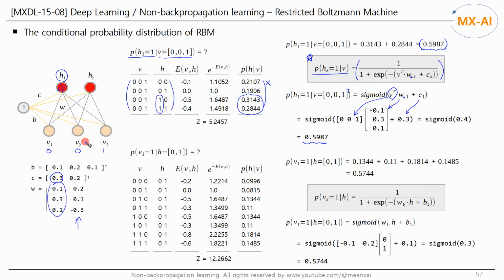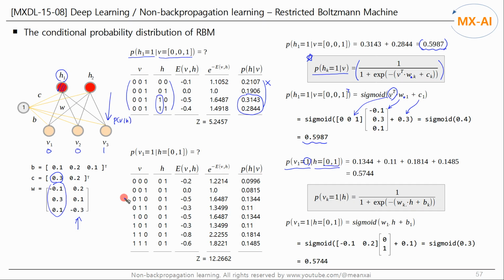Since the restricted Boltzmann machine is symmetric, we can also compute the probability of V being equal to 1 given H. This is the backward path to reconstruct the vector V using the vector H. For example, let's find the probability that V1 will be 1 when H is given as 0, 1.